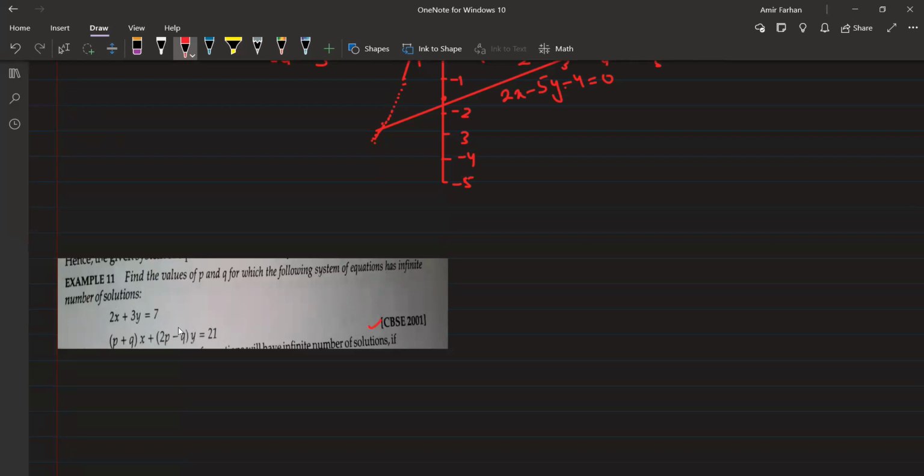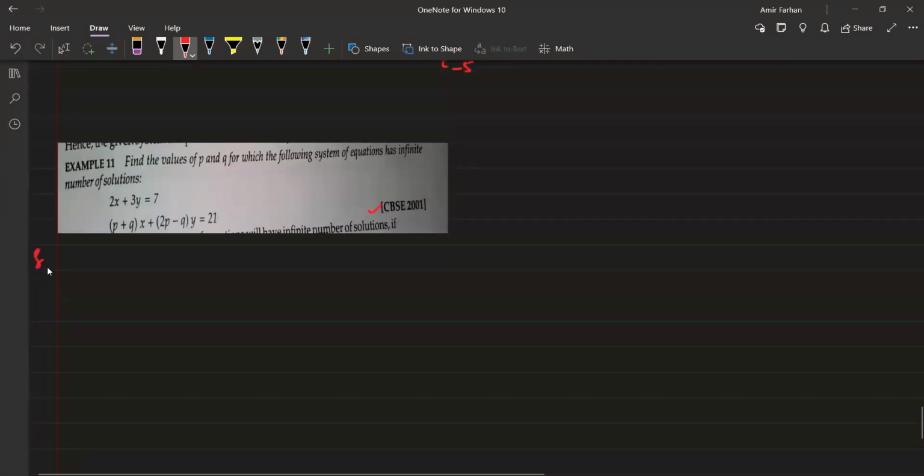Got it? Yes, sir. So it's saying to find the values of P and Q for which the equation has infinitely many solutions. What will be the relation between the ratios? Tell me. This is the fundamental thing if you are going to solve this numerical. Does anybody know?